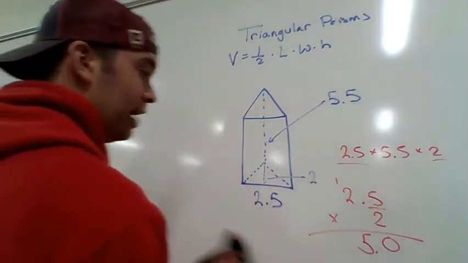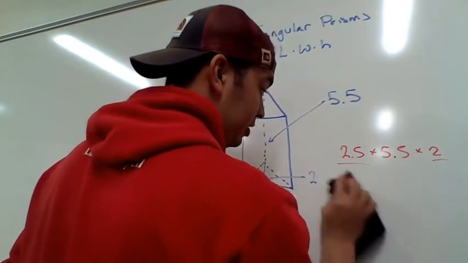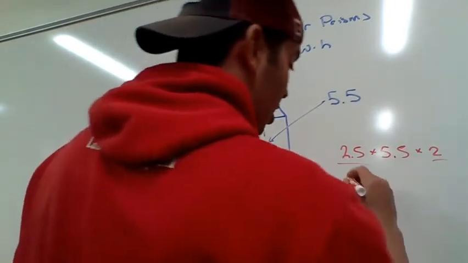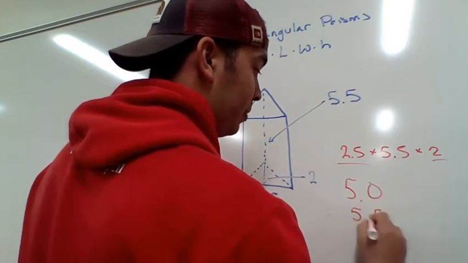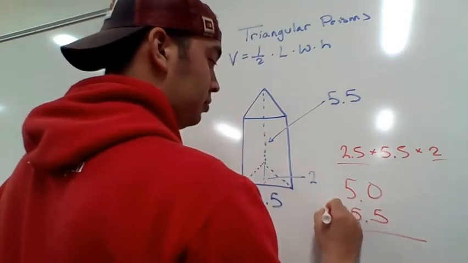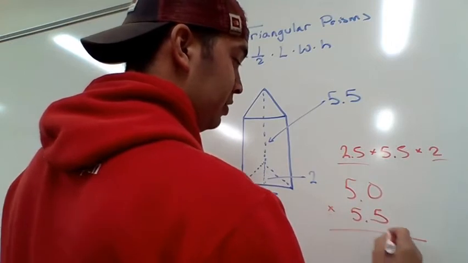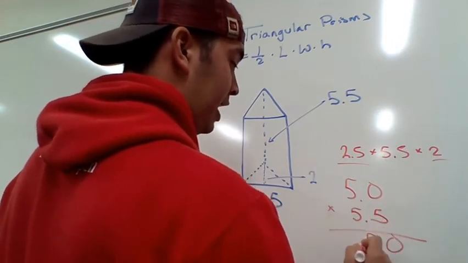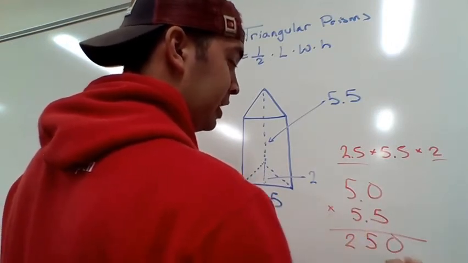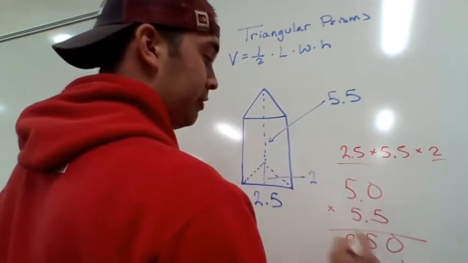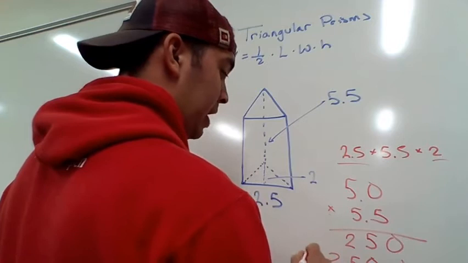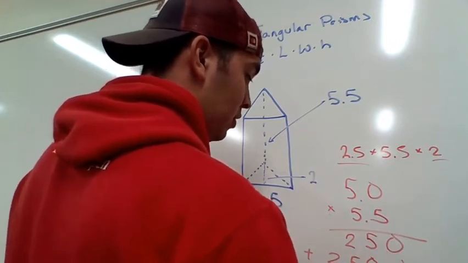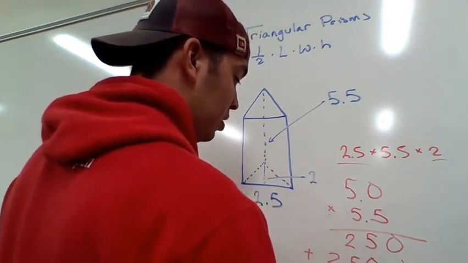So now that we know it's 5, sorry, we're not talking about money too much here. But 5.0 times 5.5, that's the last one we have to multiply. 0 times 5 is 0. 5 times 5 is 25. Start the second line with a 0. 0 times 5 is 0, and 25 again. And we add: 0, 5, 7, 2.